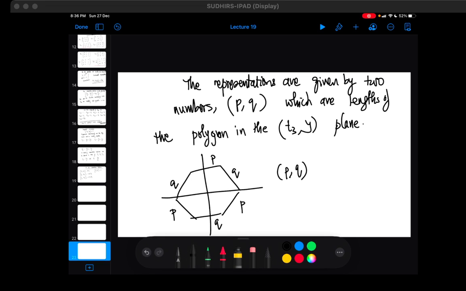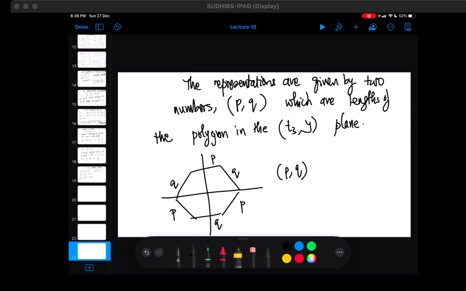Remember that these are some sort of lengths. It's not exactly equivalent to the eigenvalues of lambda 3 and lambda 8, but this is some sort of a hexagon whose lengths are essentially P and Q.